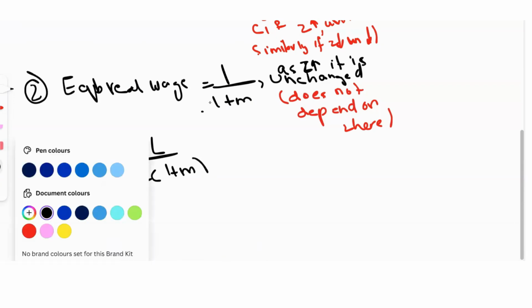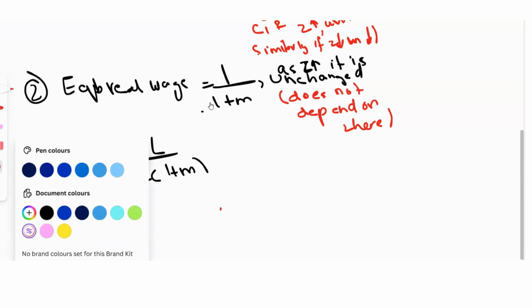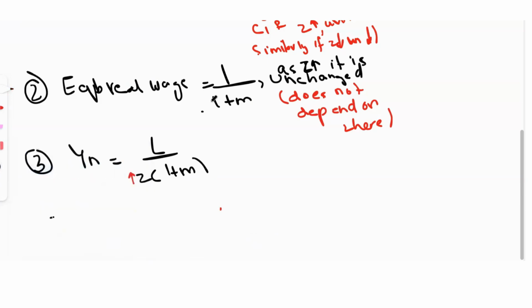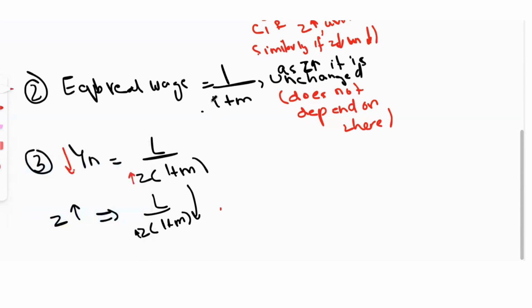Now here again, you need to see what happens as z increases. So as z increases, we know L by z, 1 plus m goes down. Because see, when the denominator of a fraction increases, the fraction goes down in value, right? So this means that as z increases, yn decreases.